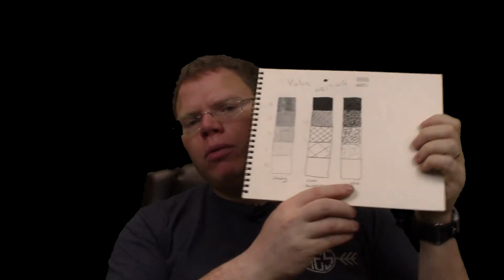In addition to these measuring techniques where we're using a pencil to measure sizes and directions and angles, we also need to remember our value scales from last week. We're going to make sure that in all of our still life drawings, we use this full range of value.